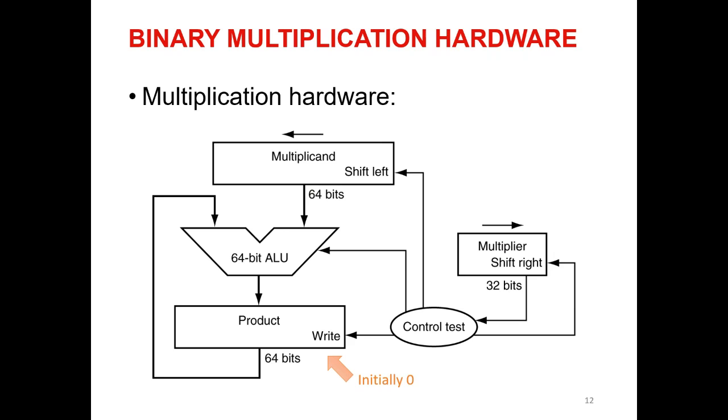This control test will also indicate when we need to shift left the multiplicand, which is the second step of the algorithm, or when we need to shift right the multiplier, which is the third step. This will be done 64 times, and in the end we will have the result here in the product register.